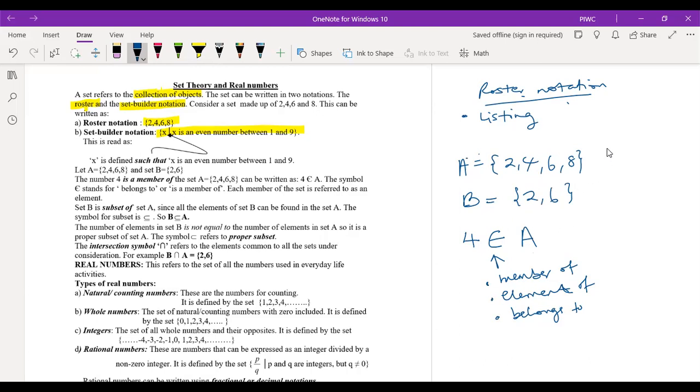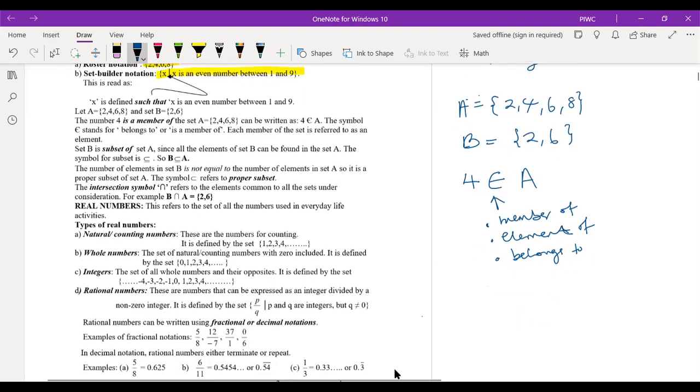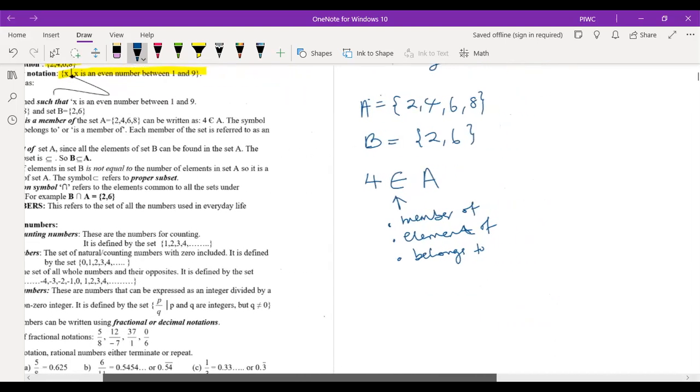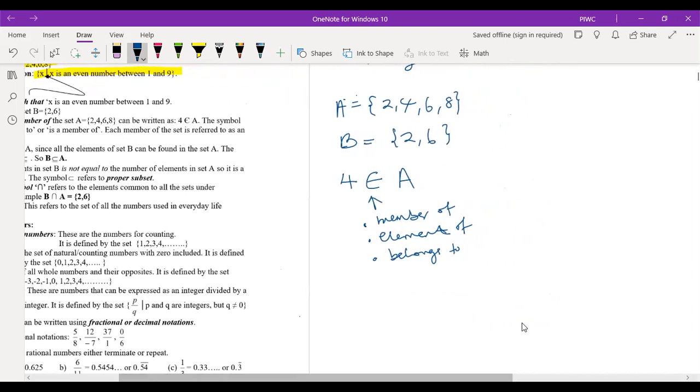Okay. If it does not belong to the set, then we put a line through the symbol, the slash symbol. So let's say, I can say that 4 is not an element. So I write this symbol.